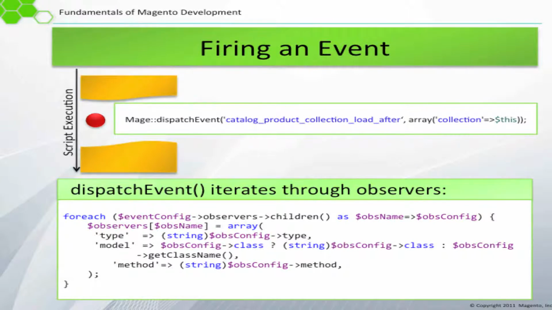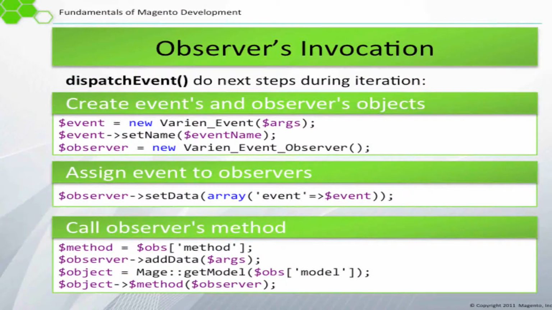We look for the observers node, and then under it we find more XML that tells us what we're doing and who's going to be doing it. So just know that if you really want to get at the internals, this one is very high up in the code. Again, just look in app/Mage.php for the dispatchEvent method.